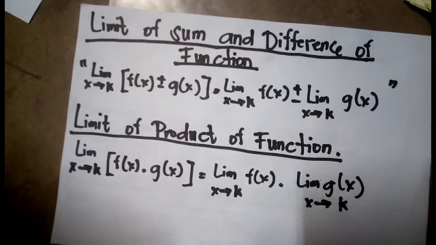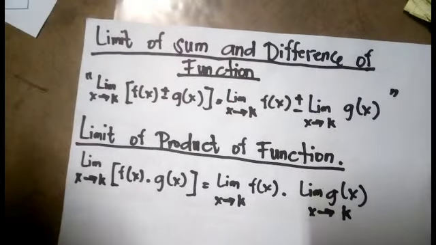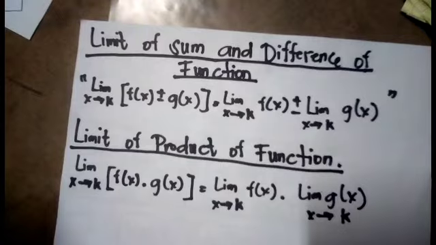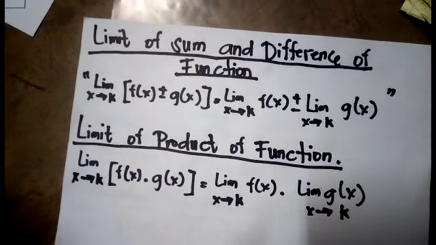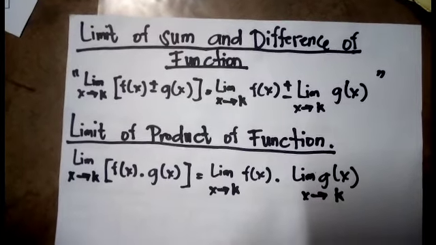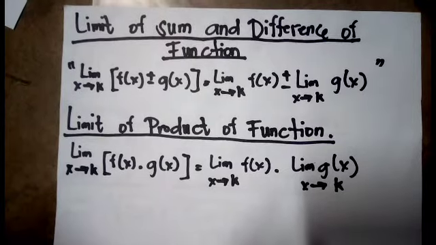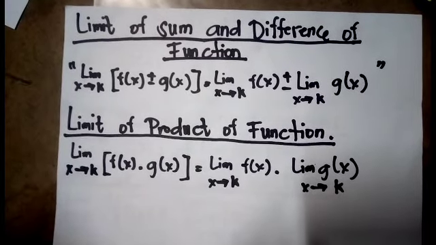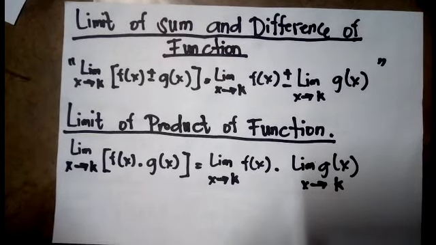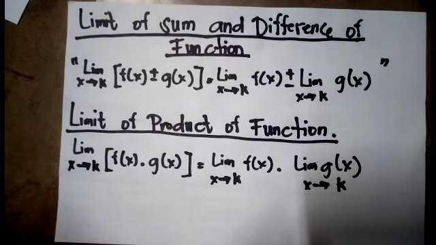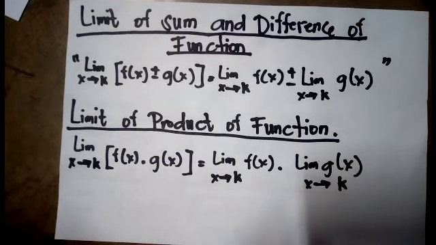In limit of products of function, these steps can be followed. First, express the limit in expanded form by applying the limit of products theorem. Second, evaluate the limit of each function by applying the previously discussed limit theorems, then simplify.